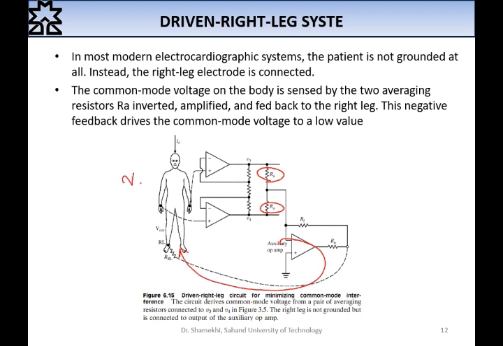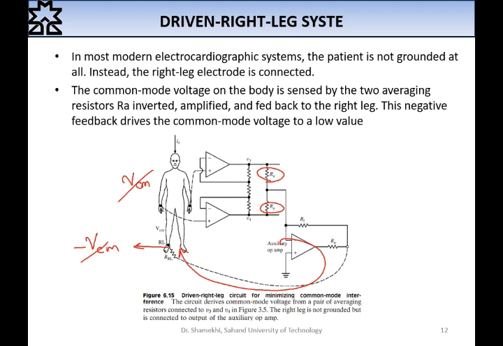If we have a weak common mode on the body, we will generate a negative weak common mode and feed it back to the right leg, to the body, and these signals will remove each other. The negative feedback drives the common mode voltage to a low value, and we call this system right leg drive.